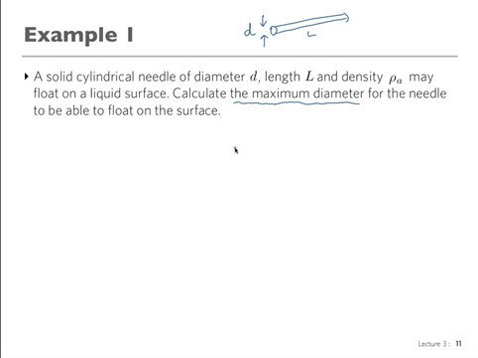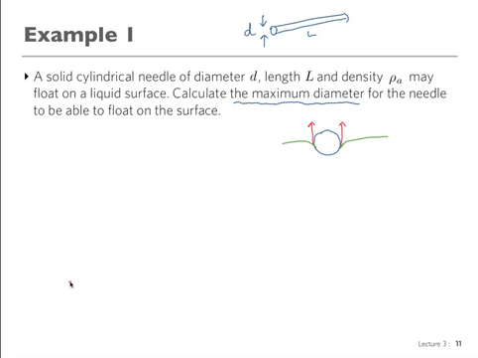So thinking about that paperclip situation that we just saw on the picture, let's look at a zoom in of a cross section of the paperclip, and we have the cylinder here, and you saw that the surface of the water bends like this, and we have the force of surface tension acting on either side.